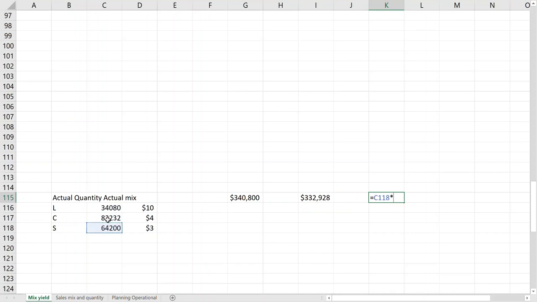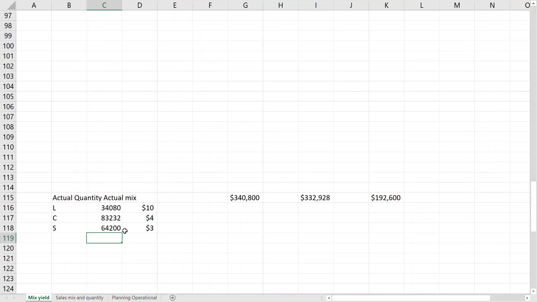So I just took the actual quantity and multiplied by standard price. So this is how much the lye, the coconut oil, and the shea butter would cost us. Actual quantity at standard price.